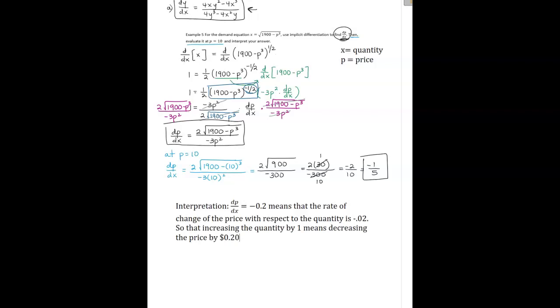And it's a decrease because dp dx was negative. So in other words, each 20-cent price decrease brings about one more sale at the given value of p.